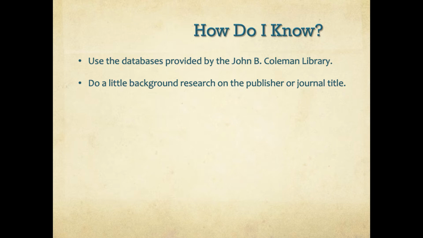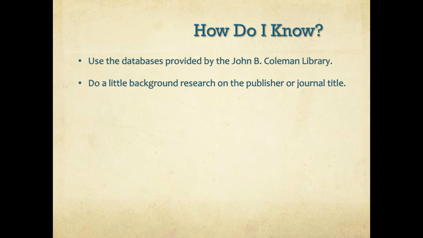There are some good academic sources on there, but the fact that something is on Google Scholar does not necessarily mean that it's an academic source. And there is a lot of material behind paywalls that you don't have access to through Google Scholar. So if you're just using Google Scholar, you're not getting a very comprehensive search.